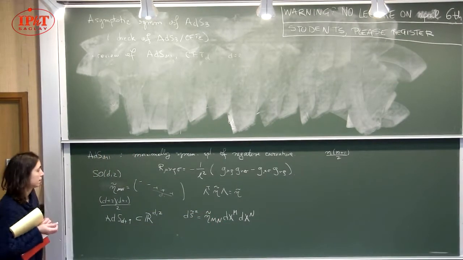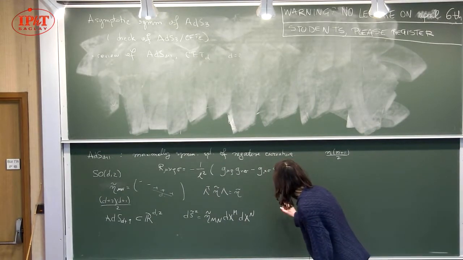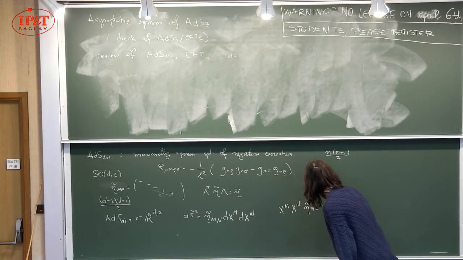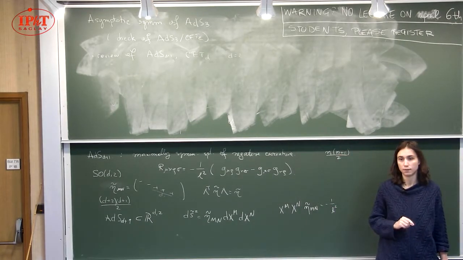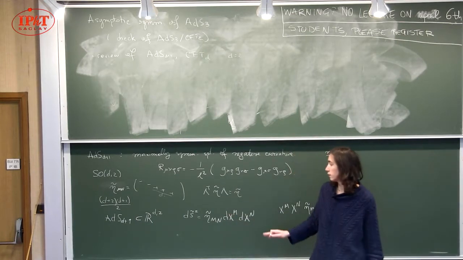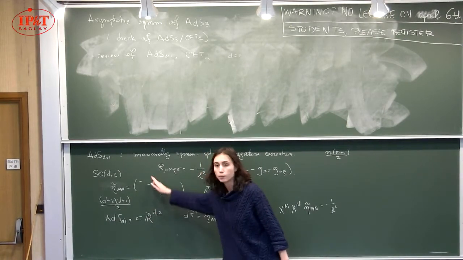And AdS is defined as the locus on which X^M X^N η̃_{MN} equals minus L². So this is a hyperboloid embedded into this particular R^{D,2} space.